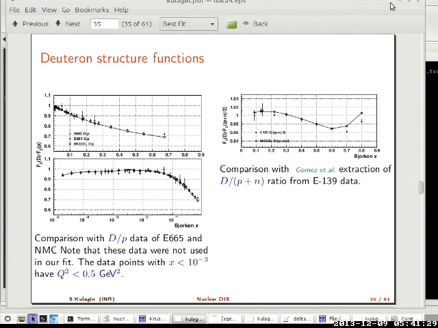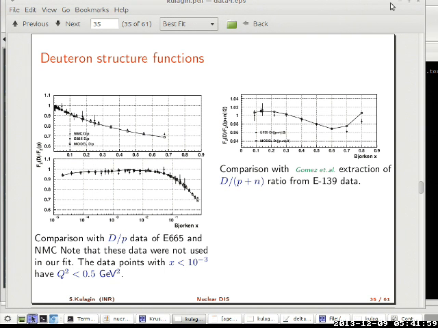We found that the calculation of the deuterium to proton ratio, in comparison with E665 data, shows a very nice agreement with this data. The right panel is a comparison of the isoscalar ratio, deuterium over isoscalar nucleon.